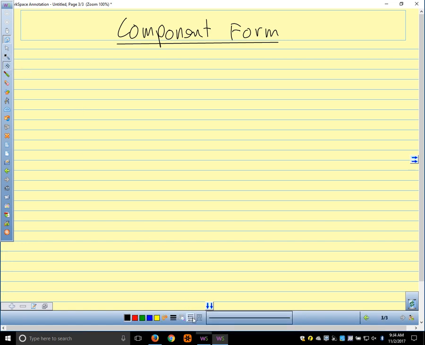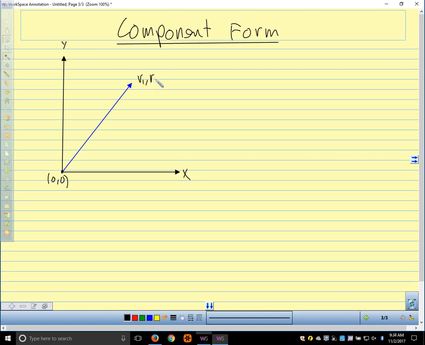All right, so I'm going to draw a set of axes here, and we're going to talk about a vector in standard position. So this is x, this is y, this is my origin, 0, 0, and I have some vector out here going to some point that I'm going to call v1, comma v2.